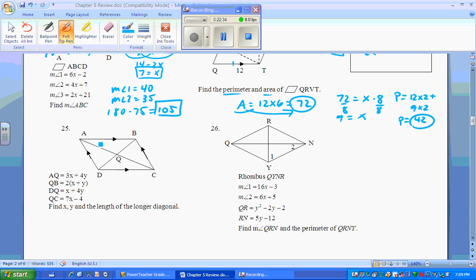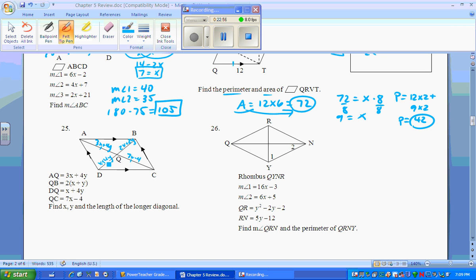25. AQ is 3x plus 4y. QB is 2x plus 2y. DQ, x plus 4y. And QC, 7x minus 4. Find x, y, and the length of the longest diagonal.